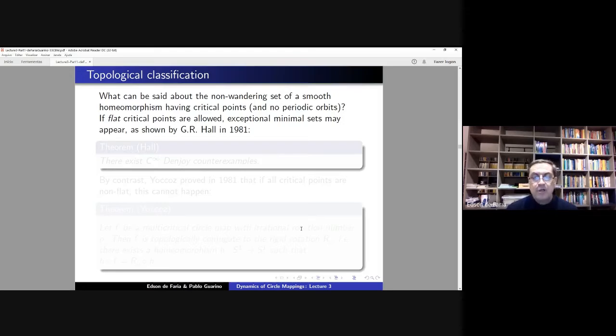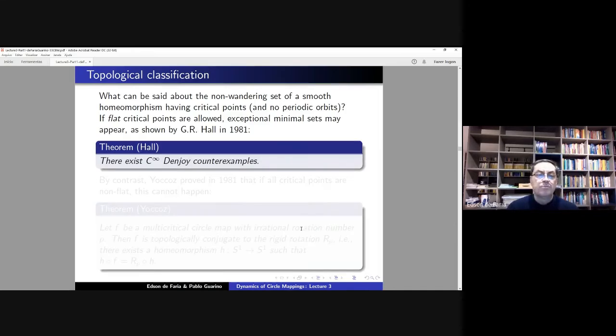Of course, when I defined multi-critical circle maps, I kind of ruled out flat critical points. But suppose you have a circle homeomorphism, which is not a diffeomorphism, that has at least one flat critical point. What can you say about its omega limit set? Well, it could be minimal, but it also could be a Cantor set. This was proven by Glen Richard Hall in 1981.